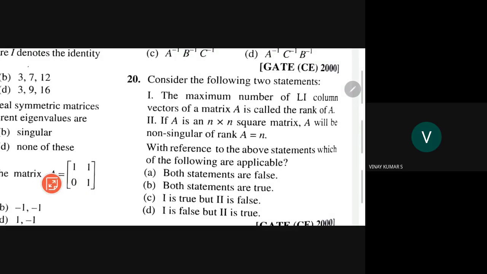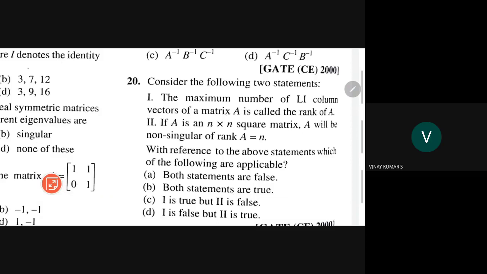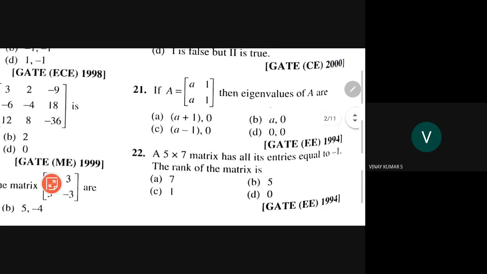So 19, next 20. Can anyone look at this one? The maximum number of... some error is there here. Leave it. This is a similar question.